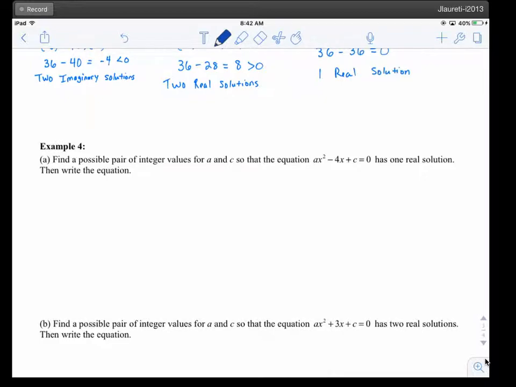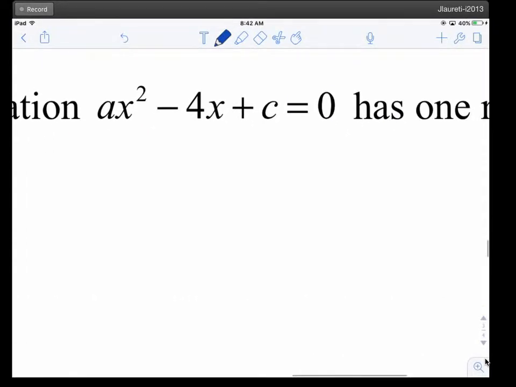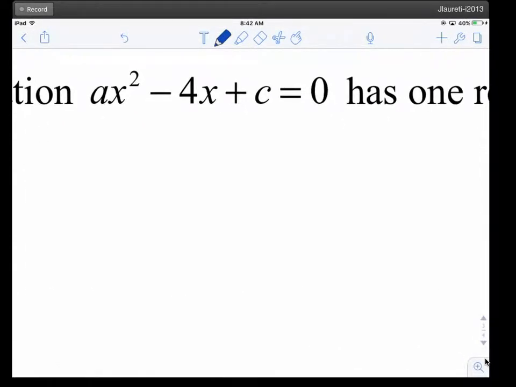Okay, so the next sentence says find a possible pair of integer values for A and C so that the equation has one real solution, and then write the equation. We need to come up with possible values for both A and C so that it's only going to intersect the x-axis one time.